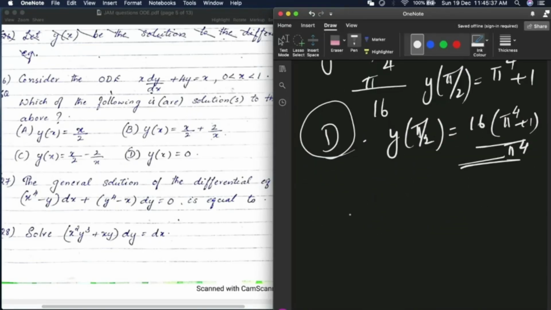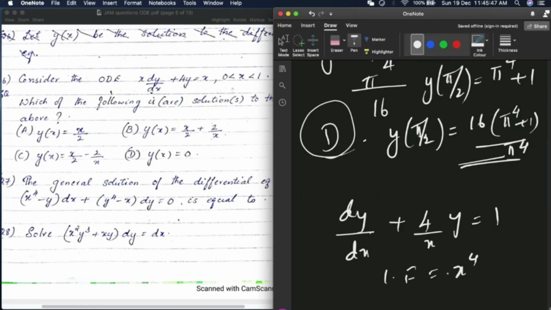It's also linear only. Integrating factor, just now we have found. Same integrating factor.